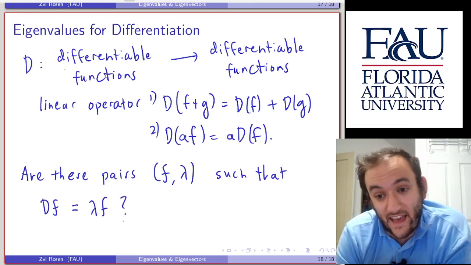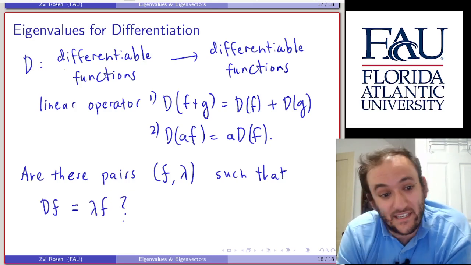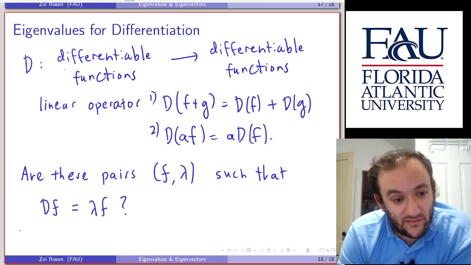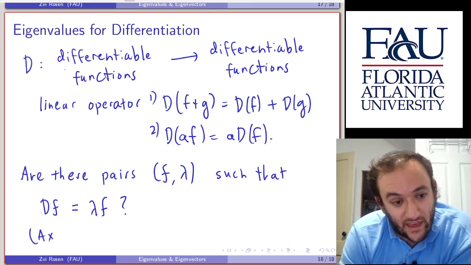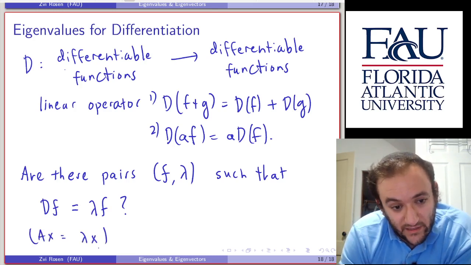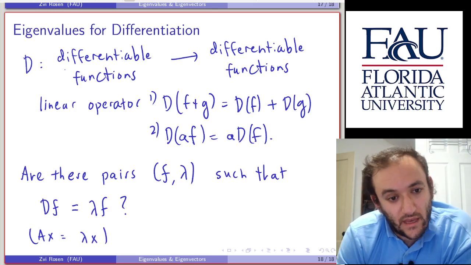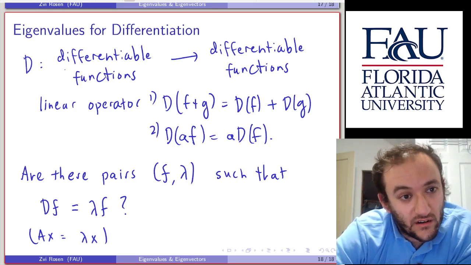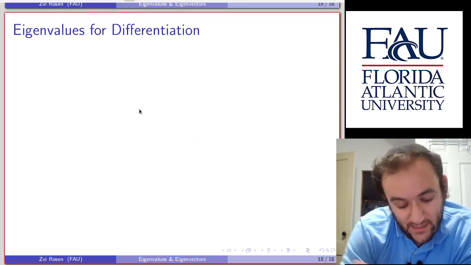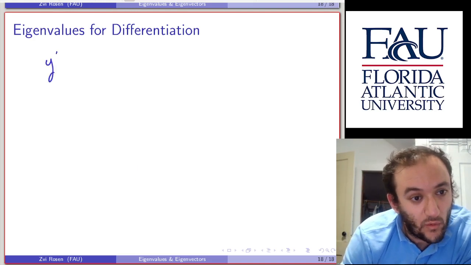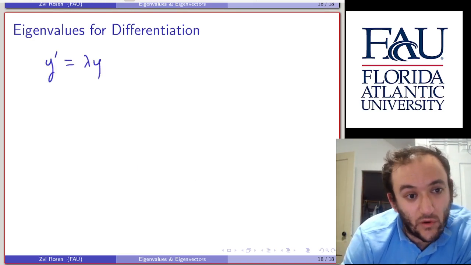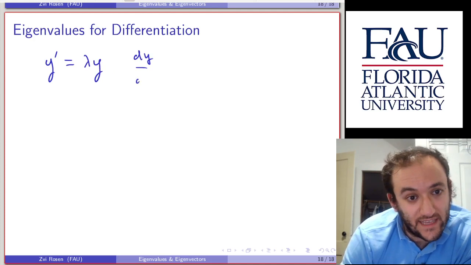It's exactly like the eigenvalue problem, just with f's and d instead of, so this is like Ax equals lambda x. Okay, and indeed there are. This is the same thing as saying y prime equals lambda y, or dy/dx equals lambda y.